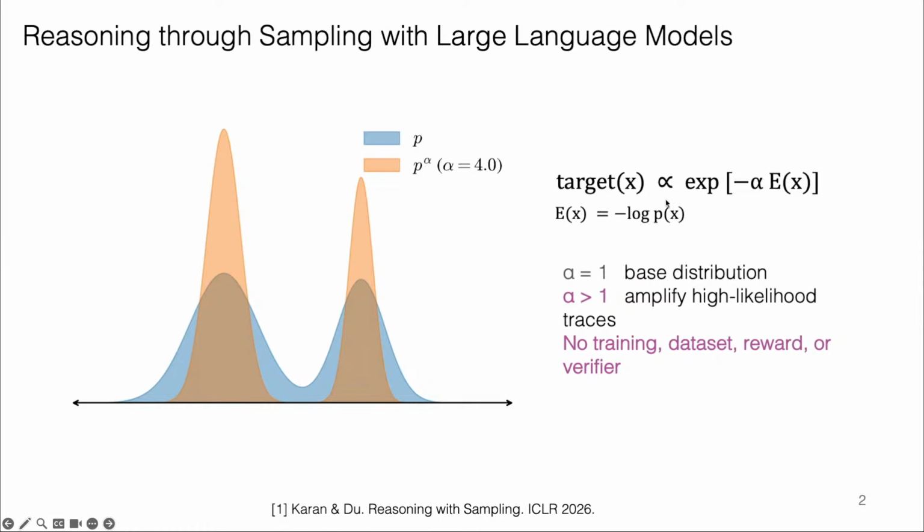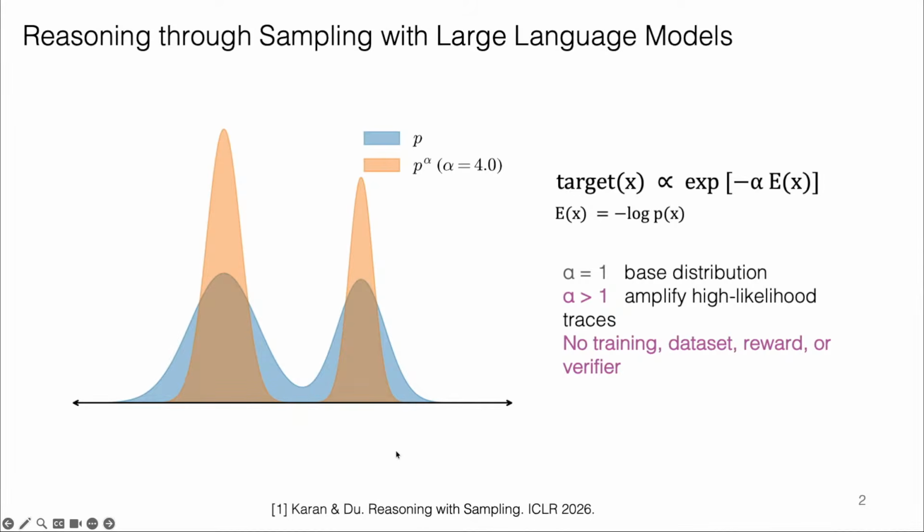And now the distribution that I want to sample from is essentially some tilted or lower temperature version of the distribution. So essentially, I want to sample from the distribution exp(negative alpha times energy of x), where energy of x is the negative log likelihood of the language model on your sequence. One way to think about it is, if p is the original distribution my language model has modeled, I want to draw samples from the distribution p to the alpha, which is shown in the orange here.